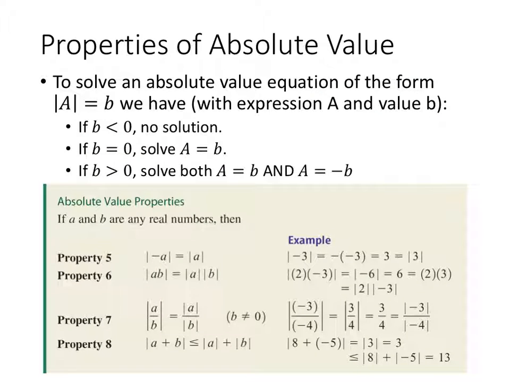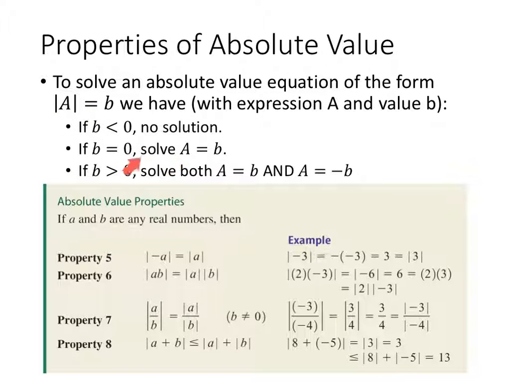Properties of absolute value. To solve an absolute value equation of the form the absolute value of A equals B, where A is some expression, maybe 2x minus 3 inside the absolute value, and B is any real number: if B is less than 0, there's no solution because the absolute value will never equal a negative.